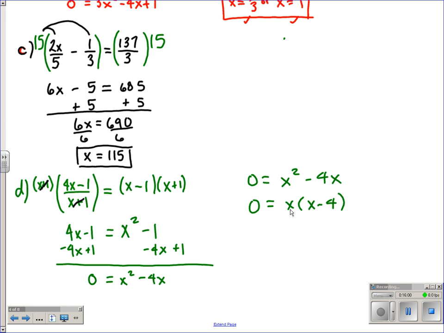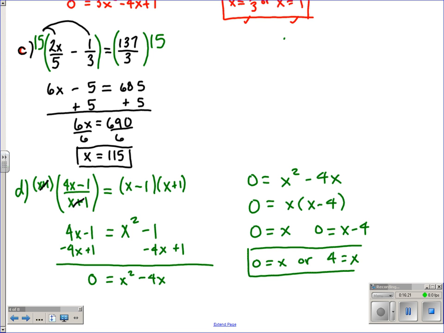Use our zero product property, which means that x could equal 0, or x minus 4 could equal 0. Solve each of them. Well, this one's already solved. We add 4 to each side here, we could get x equals 4. So we have two possible answers here. X equals 0 or x equals 4.